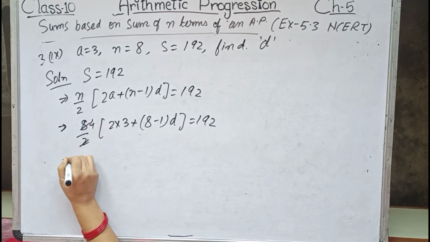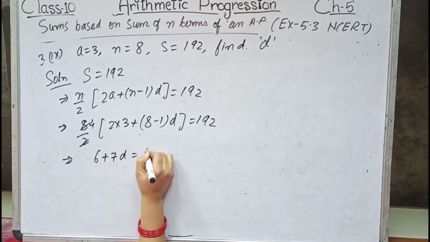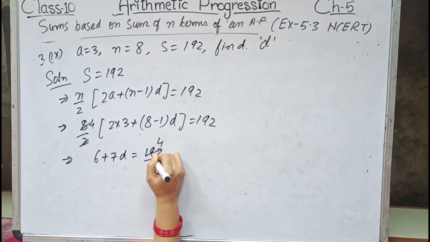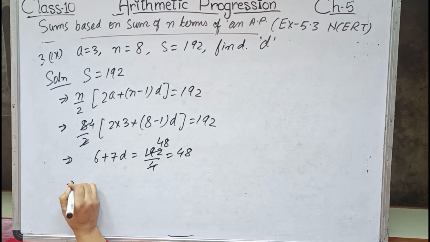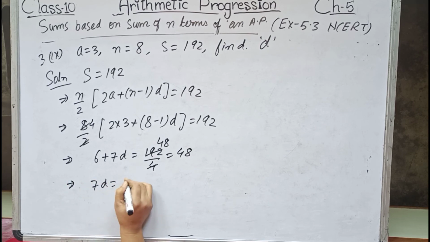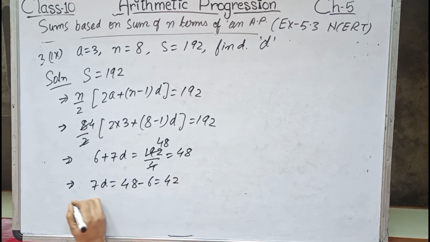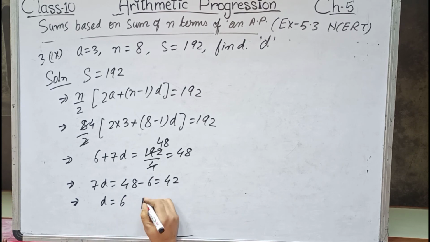This implies 6 plus 7D equals 192 by 4 equals 48. This implies 7D equals 48 minus 6 equals 42. This implies D equals 42 by 7, that is 6, and this only is the answer.